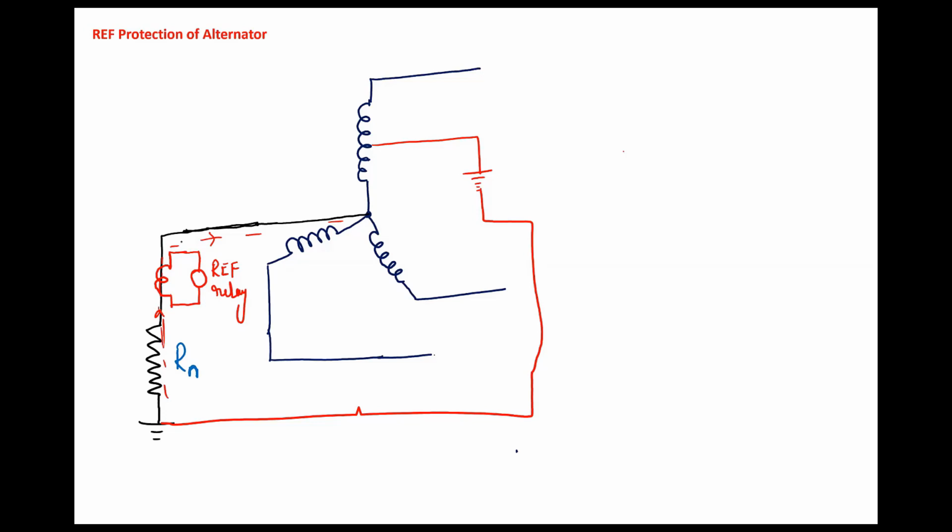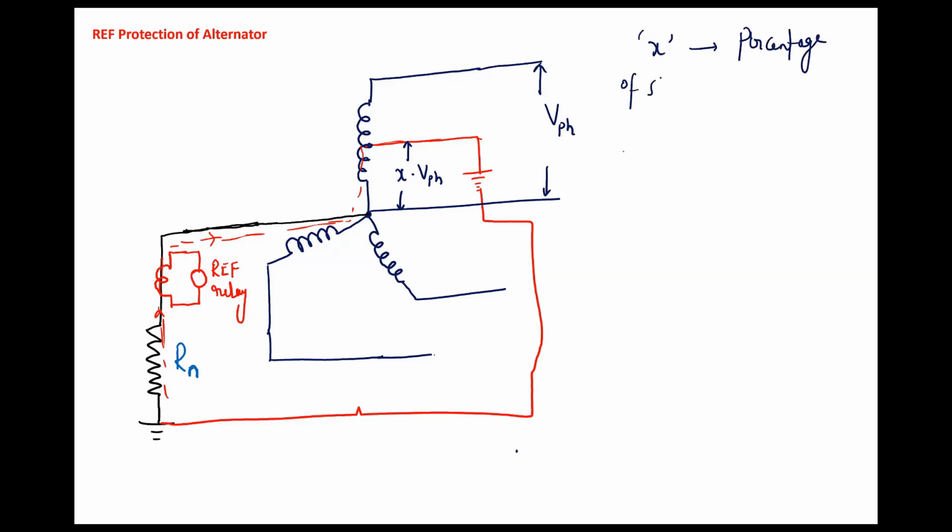Now, if the total phase to neutral voltage, the rated phase to neutral voltage of the alternator, is V phase, let the voltage between the faulted point and the neutral be X times V phase, where X is the percentage of stator winding where the fault occurred.